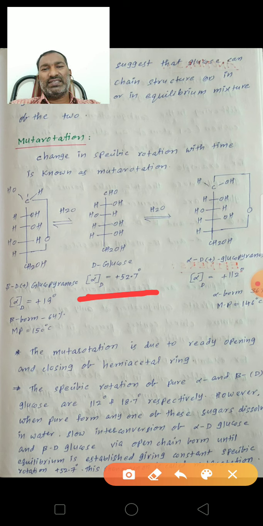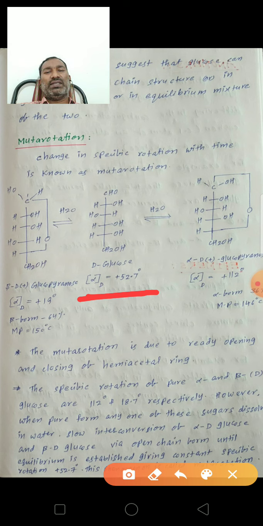When it is dissolved in water, it will form alpha D plus glucopyranose, and the specific rotation gradually increases to plus 112 degrees. That means the open chain structure converts into alpha D plus glucopyranose, whose specific rotation is plus 112 degrees.